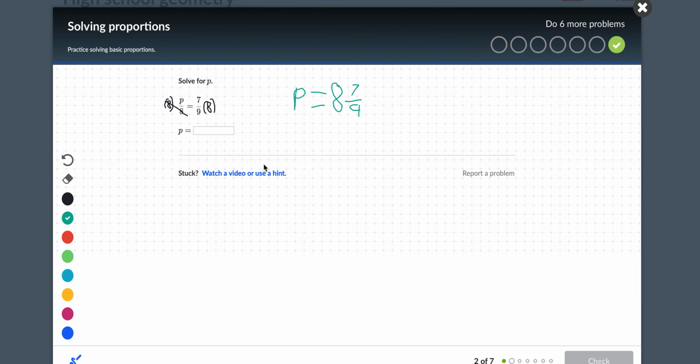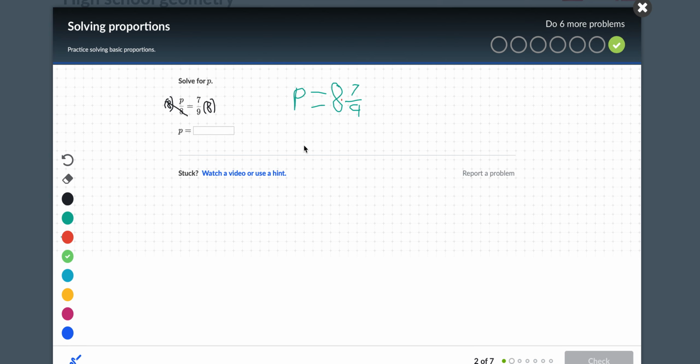And now make sure that's a times. And now we multiply that by 9 over 7, since that's for a different thing. We multiply 8 times 7 over 9, because they're like terms.